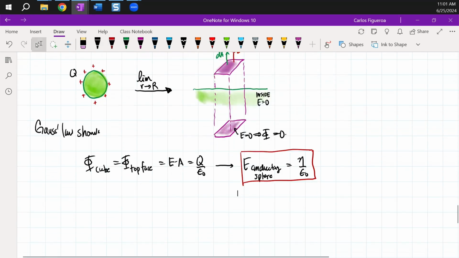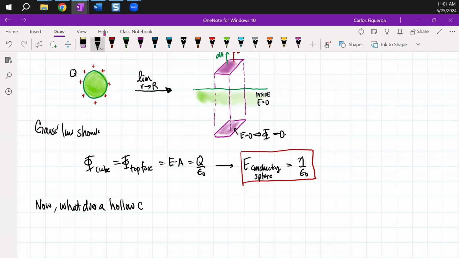One last thing is that now here, let's try this here. Now, what does a hollow conductor's field lines look like?